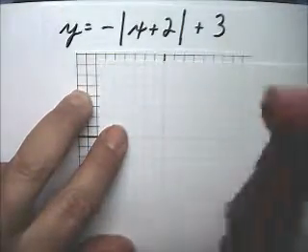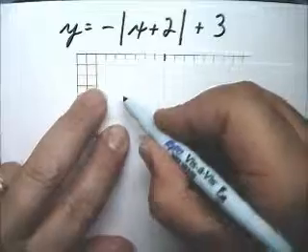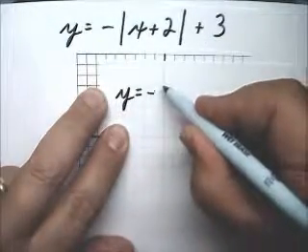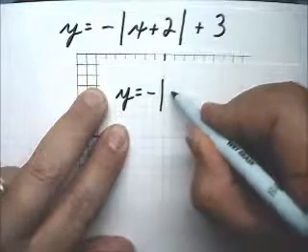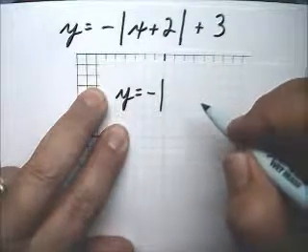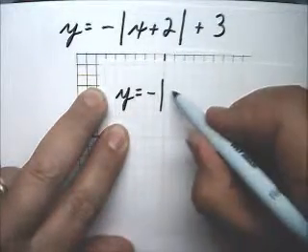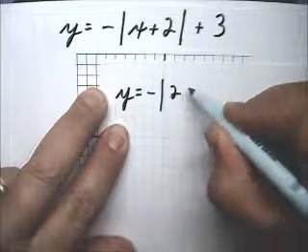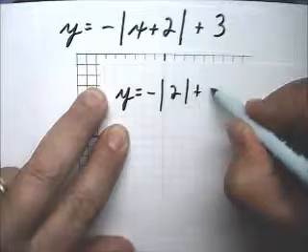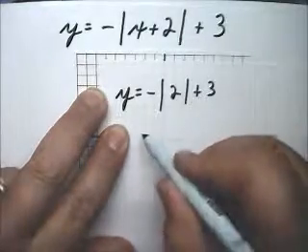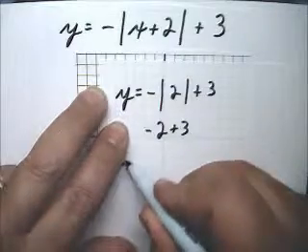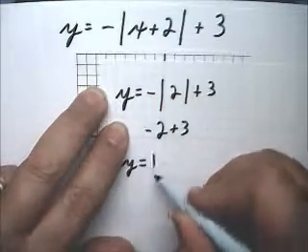So if x equals 0, we would have y equals minus the absolute value of 2 plus 3. So we're going to have minus 2 plus 3. So y is equal to positive 1.